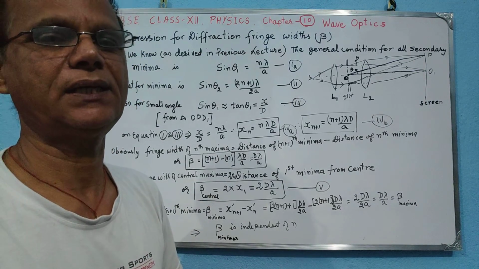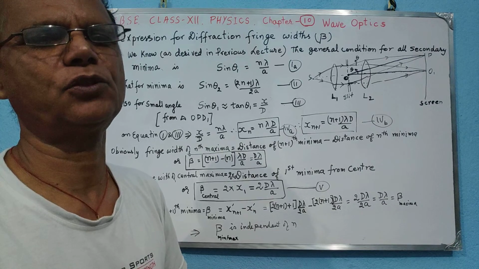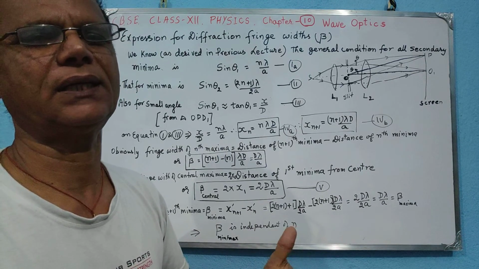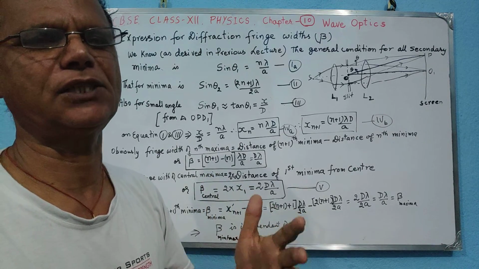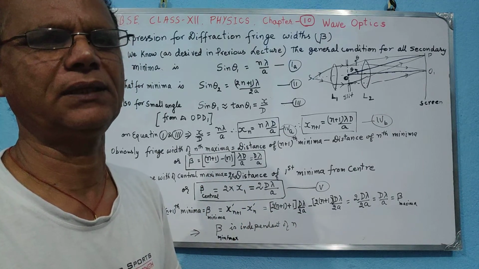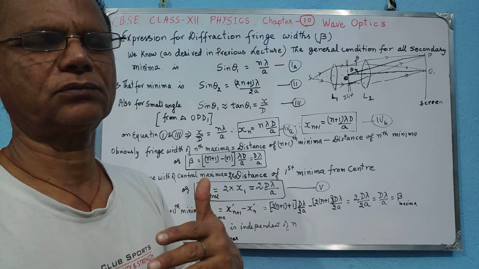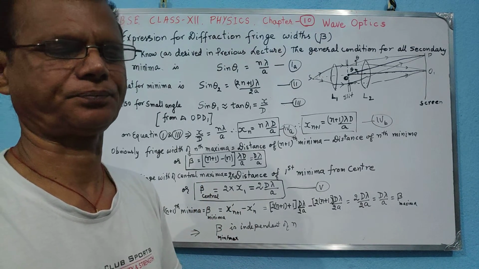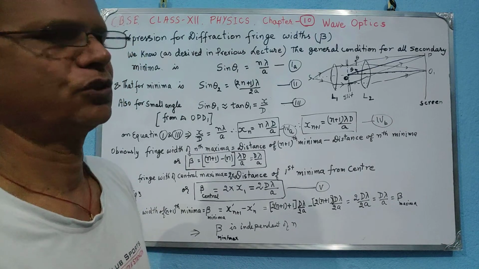Therefore the intensity of the maxima keeps decreasing while its order is increasing. The intensity of the second maxima will be quite less than the intensity of the first maxima, and so on and so forth.